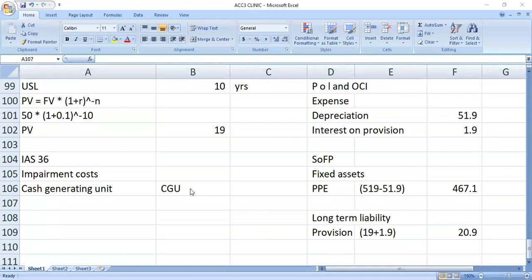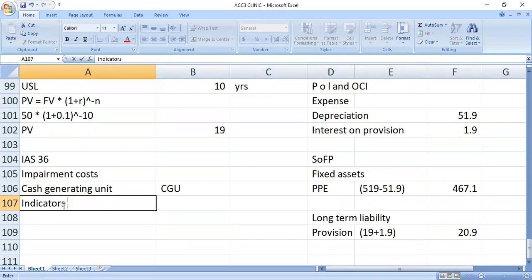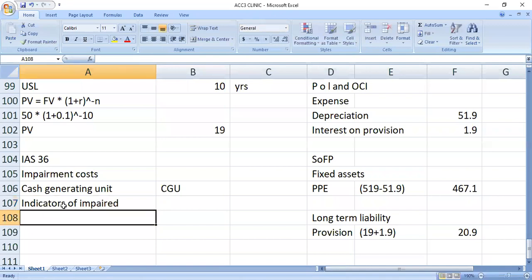Now, in performing an impairment test, that's when you get to know whether the asset is really impaired or not. But before you do that, you must have suspicion that an asset is impaired. And there are conditions for that, what we call indicators. Indicators of impairment. How do you know that this asset is impaired and therefore we should perform an impairment test?